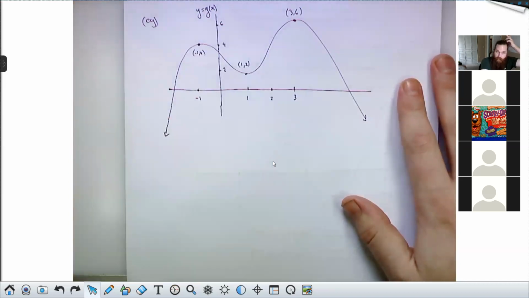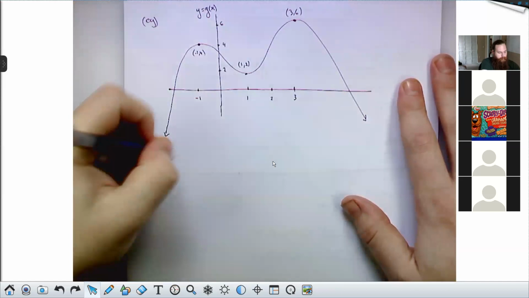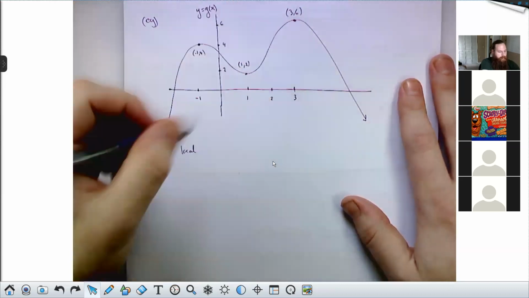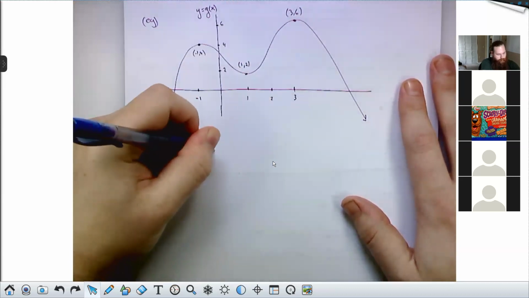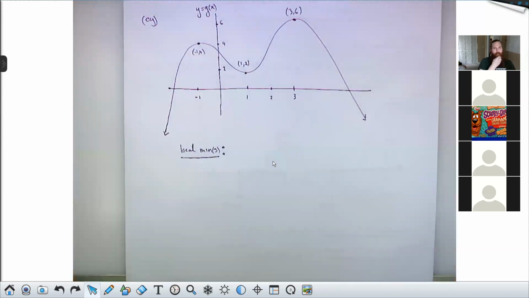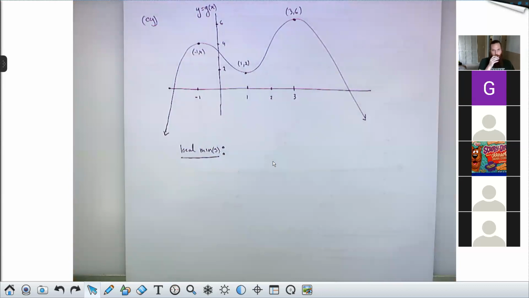First, let's categorize any local extrema. Do I have any local mins? Would it be 1, 2? Yeah, certainly this point right here is a local minimum, because if I zoom in on that point and look just in this blue window, that's the lowest the graph of the function gets anywhere nearby that point.